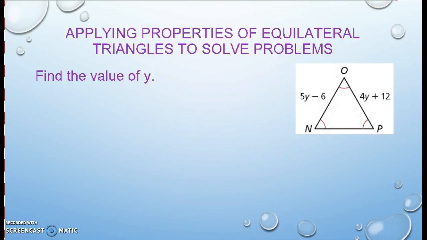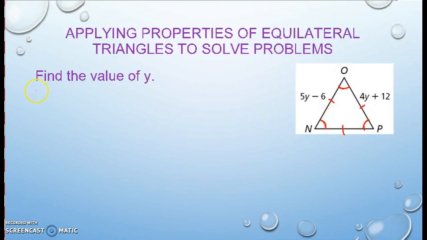And so here we're given triangle NOP, and this triangle is given 3 congruent angles. By one of the theorems we discussed in the last recording, when a triangle has 3 congruent angles, we know that all 3 sides are therefore congruent.